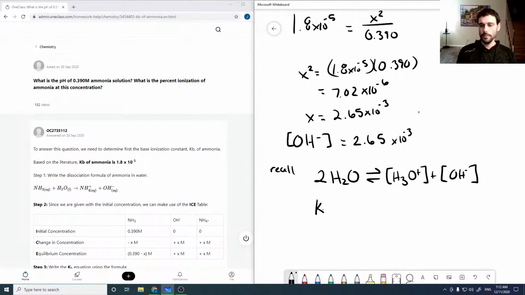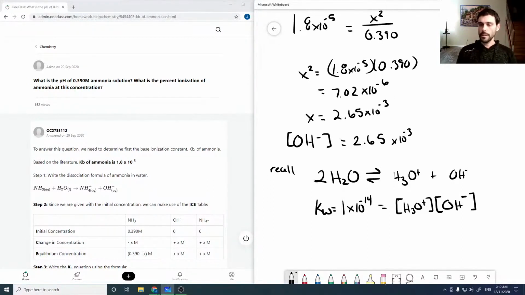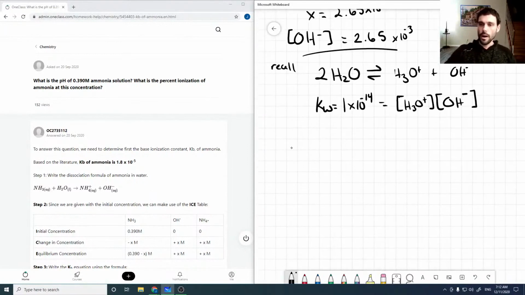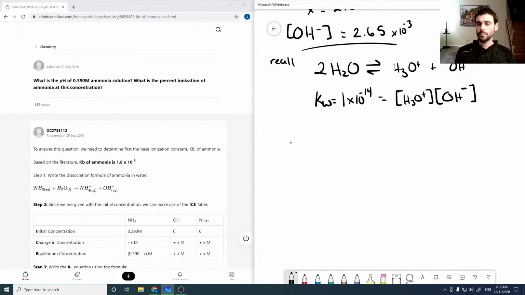And so Kw is a constant, 1 times 10 to the minus 14. And if we look at this expression, and I shouldn't have put these square brackets in, I got carried away, it's just going to be the product of our H3O plus and our OH minus concentration. And we know our OH minus concentration, so we can solve for our H3O plus concentration.